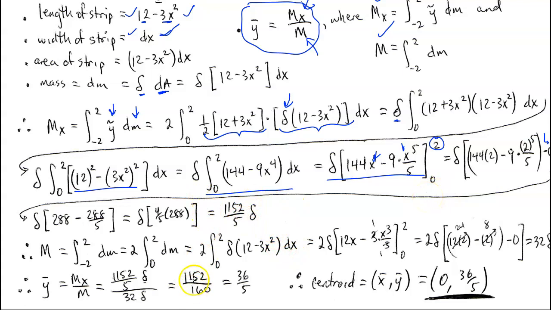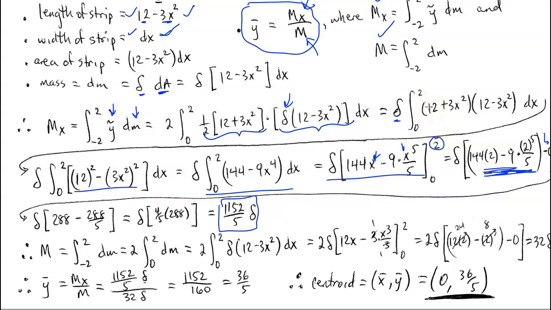So with that being said, all we have to do is work on what is right here, which ends up being 288 minus 288 divided by 5. And then at that point, I try to rewrite this to make it look a little bit nicer. And we see that we end up with this expression here, which is just 1152 over 5 times the density.